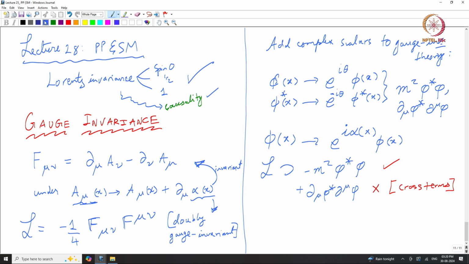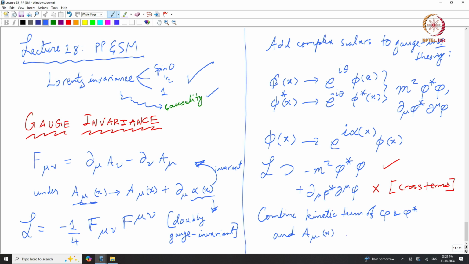Alright. So, how do we proceed then if you do not have this term? The strategy then is you have to find a way to combine the kinetic term of the phi field, actually phi and phi star fields, and this A mu field.